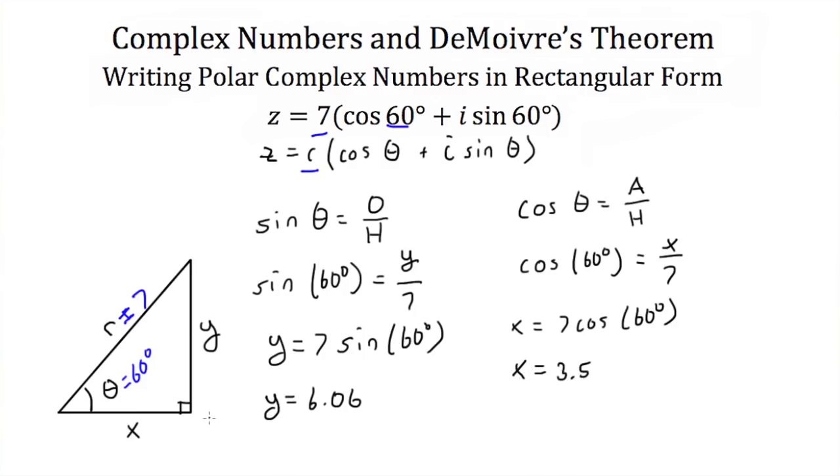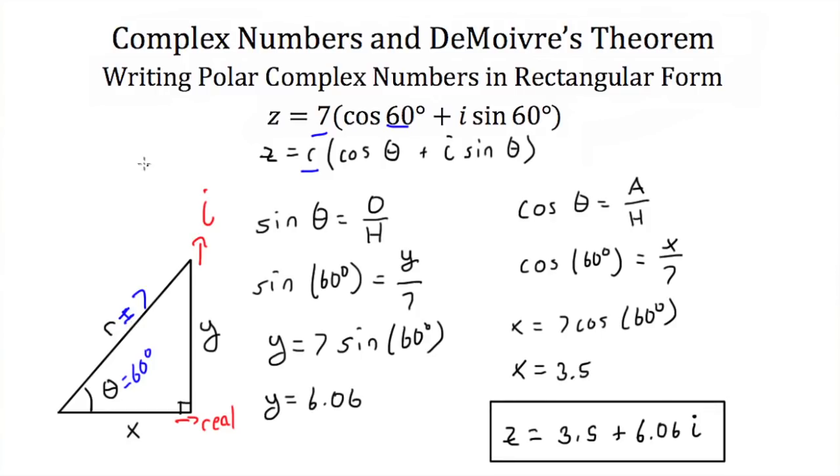So I have my x and my y value, but remember, this isn't a normal x and y. This is actually the real and the imaginary axis. So that means z is equal to 3.5 plus 6.06i.